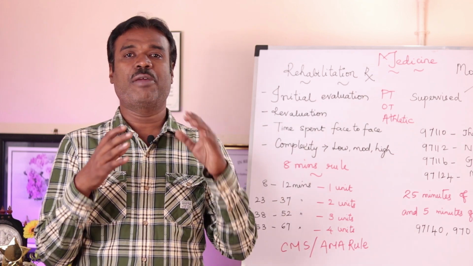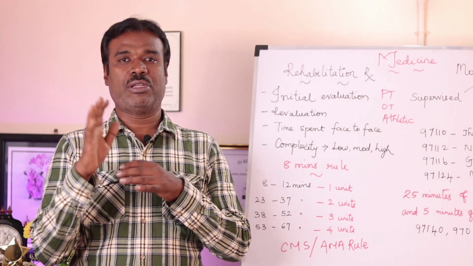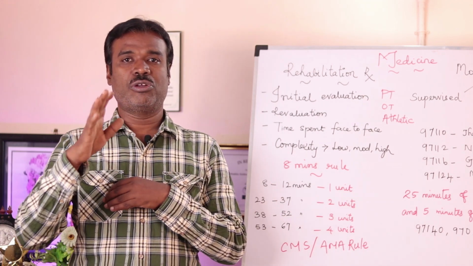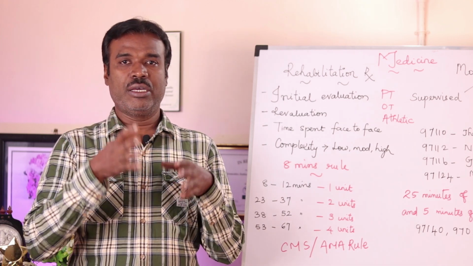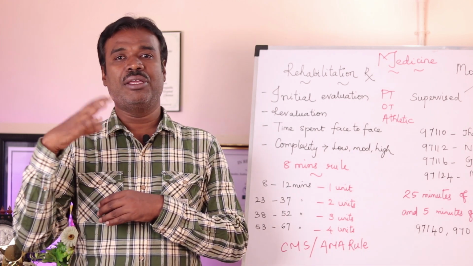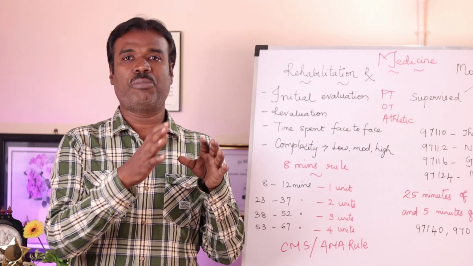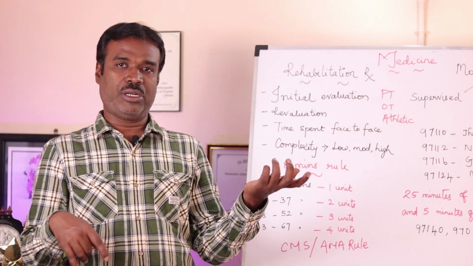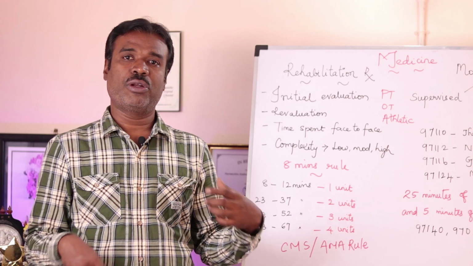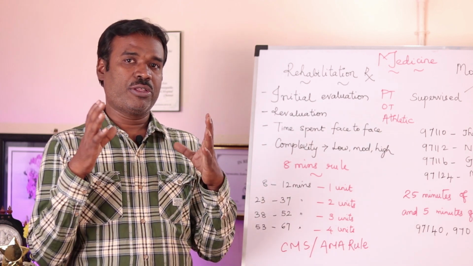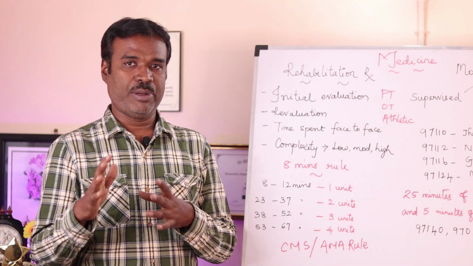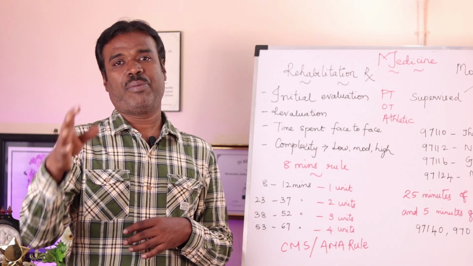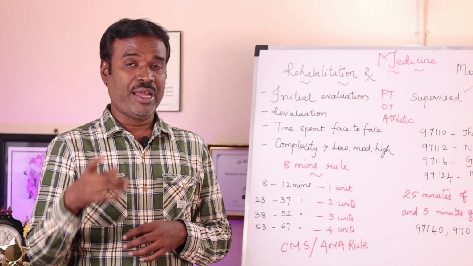For example, if the service is going to be 30 minutes, it should cross at least 15 minutes. So the midpoint needs to be crossed, and from 16 minutes we can report that code. The CPT way of reporting is that you have to know the total time the activity has been performed, and if half the time has elapsed, then you can report it.